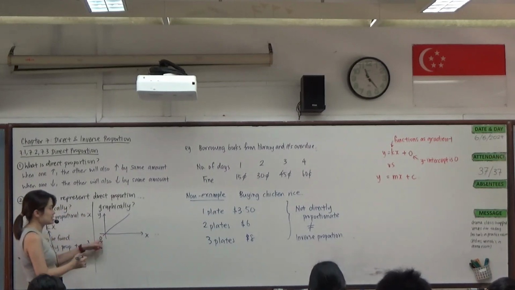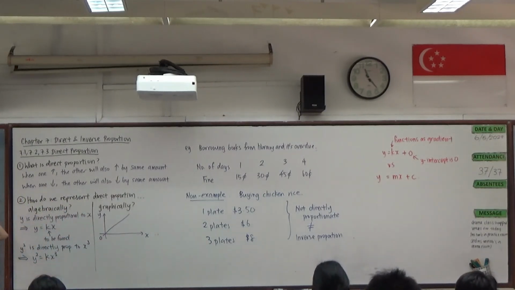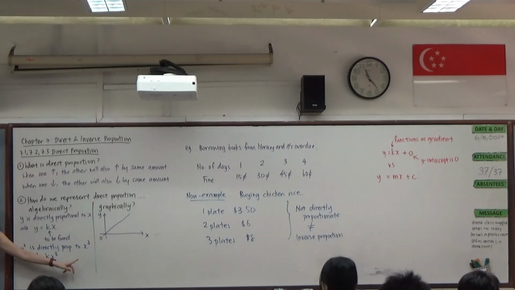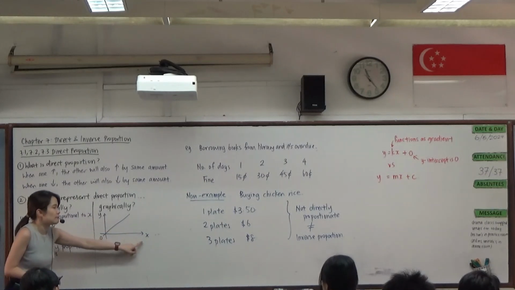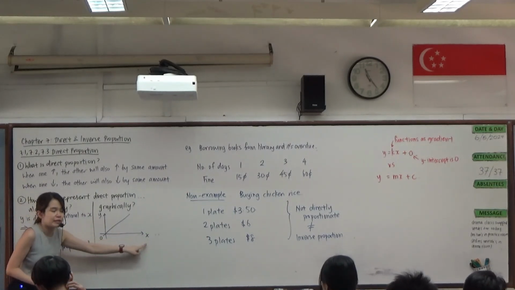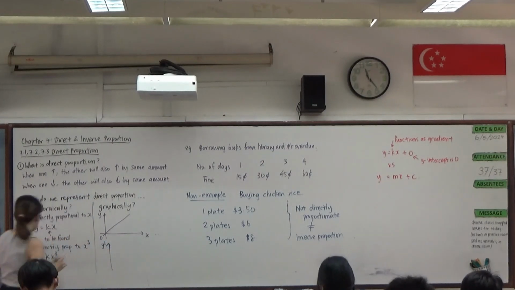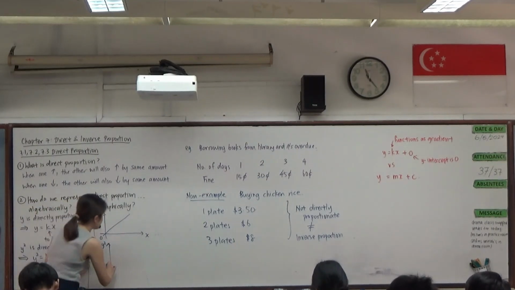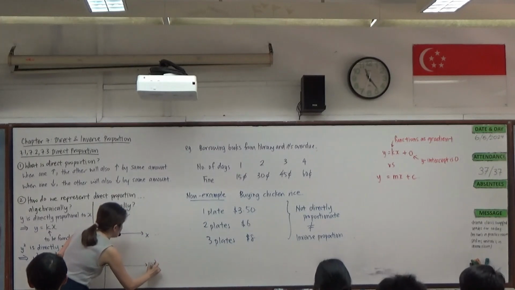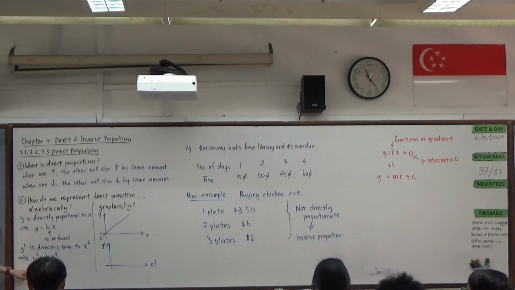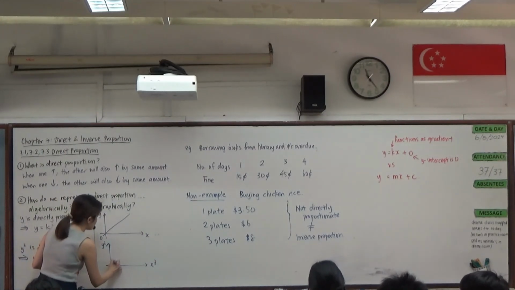So it must pass through the origin. If I have y squared is directly proportional to x cubed, I'm not going to be plotting my graph as y and x over here. My graph will be y squared as per my variable here and x cubed. And regardless, it will always be a straight line graph that passes through the origin.